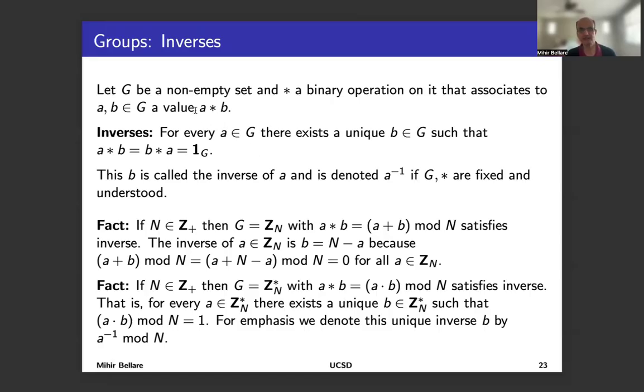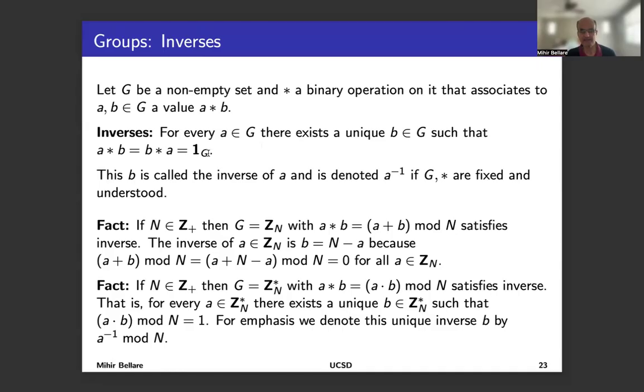So we have our set and operation on it, and we know that there exists an identity element, which we denoted like this. So inverses says that whenever you give me a point A in the group, I will be able to find some value B also in the same set or group, such that they neutralize each other, in the sense that when I operate on A and B in either order, I get back the group identity element.